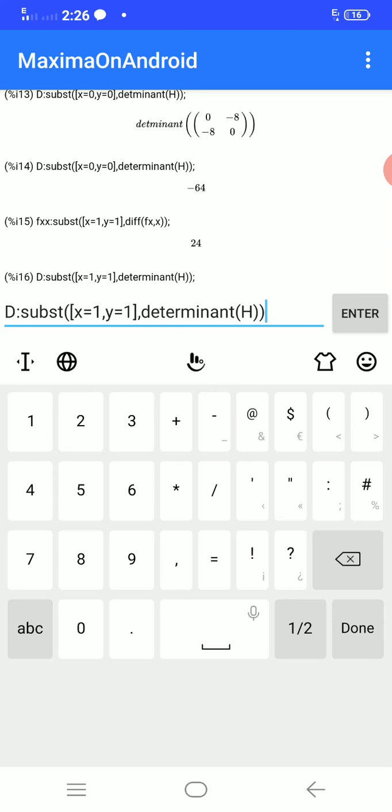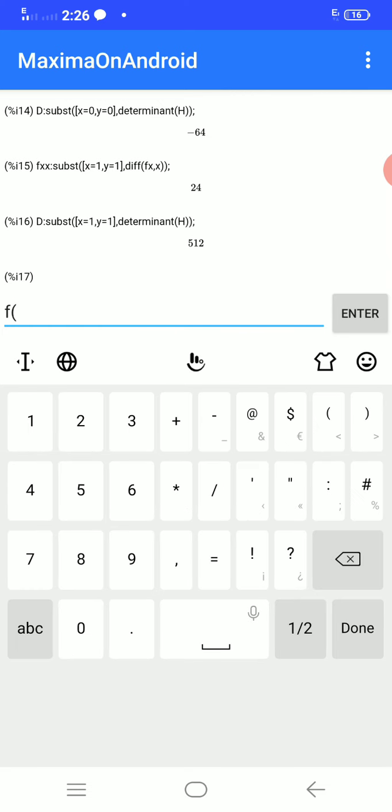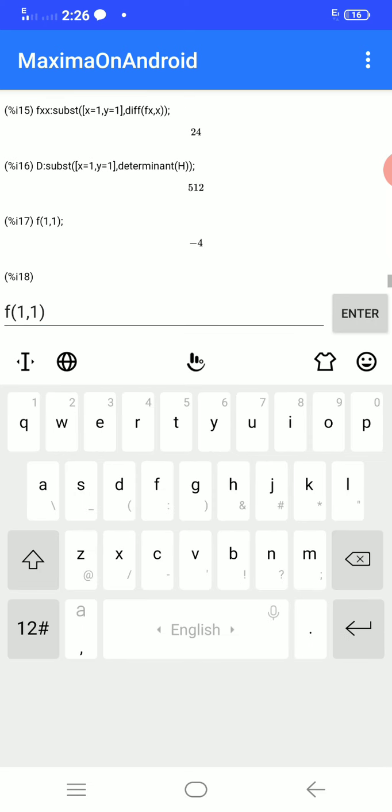So we get the value of D is 512. So the value of A is 24, the value of D is 512, greater than 0, greater than 0. So we conclude that the given function has a local minimum at the point x is equal to 1, y is equal to 1. We have to find f of 1 comma 1, bracket complete, then enter. So we get the value of f of 1 is minus 4.